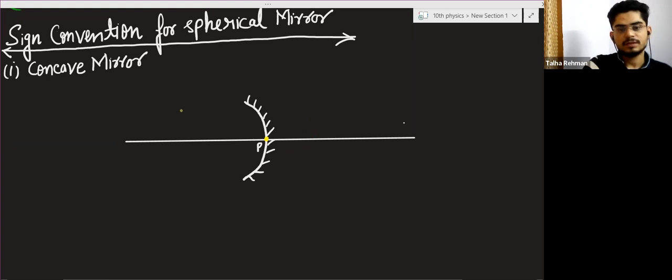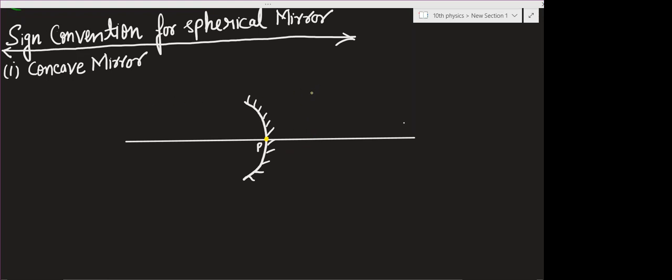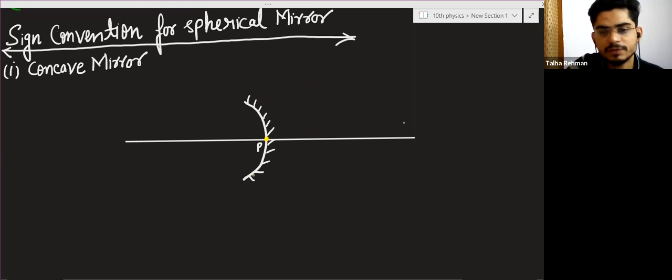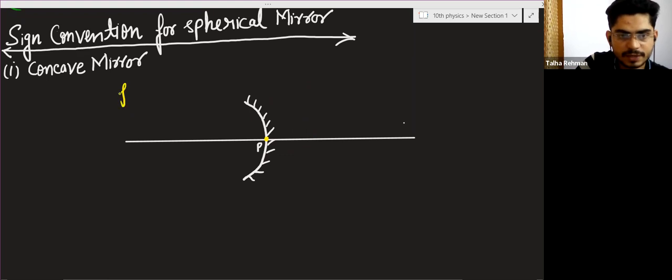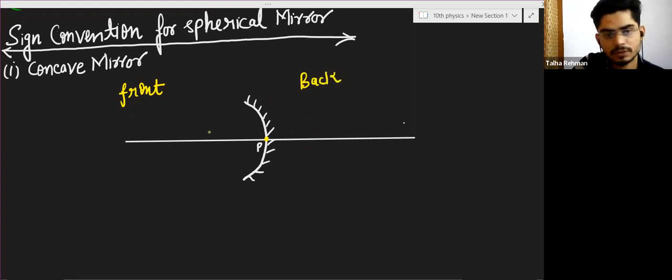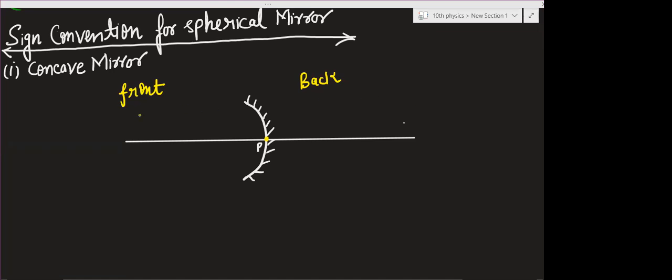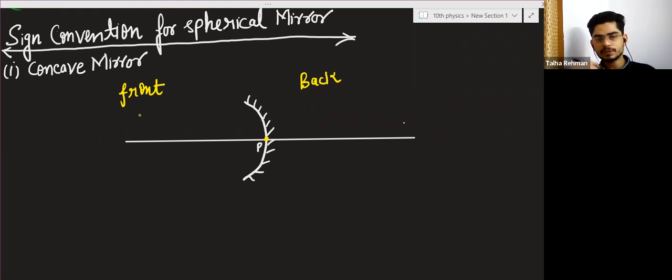This is the front side of the mirror, and this is the back side. Why is this the back side? Because the coated side is the back side. Light will always come from the front side for image formation.